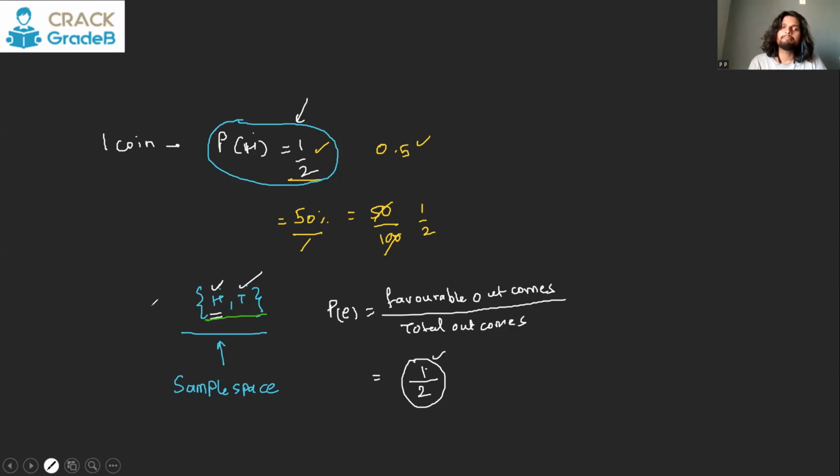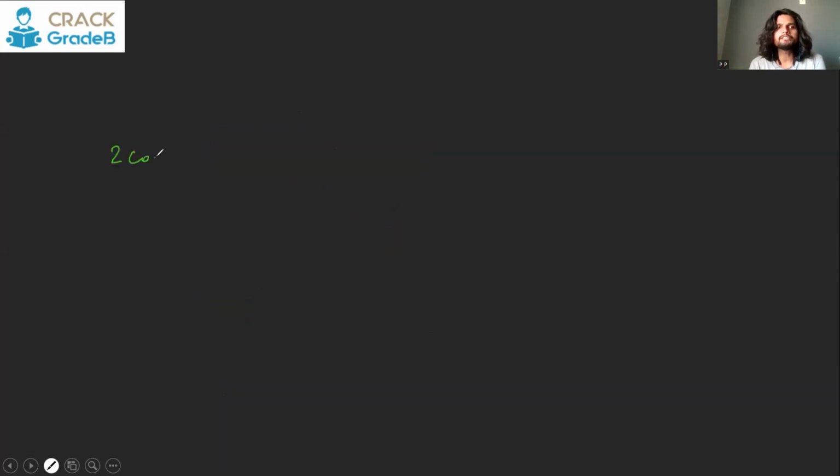That is why my advice to all those who find this type of topic a little challenging is to go for the sample space. If you can write all the possible cases, then you don't need to think much. Everything will be in front of your eyes. For example, if I ask you, we toss 2 coins, what is the probability of getting both heads?